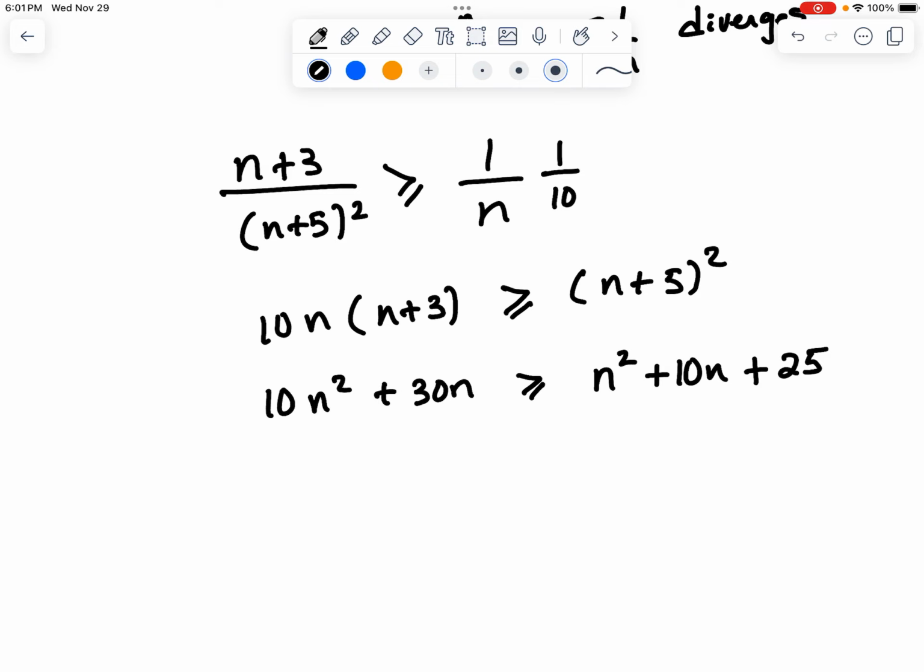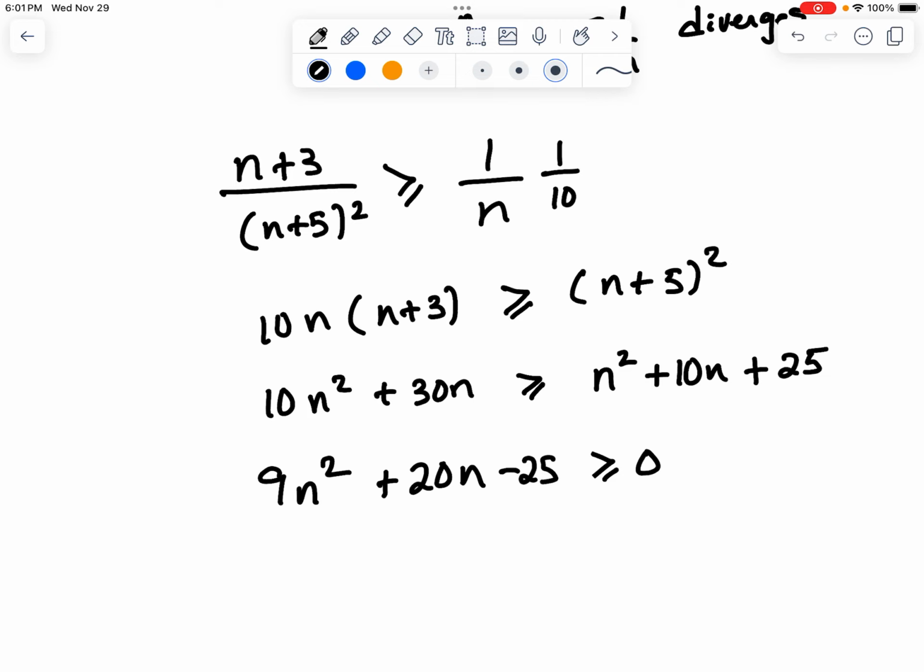And it looks like we have a quadratic. So I'll move everything to the left, 9n squared plus 20n, and then minus 25. And then when is that bigger than or equal to 0?